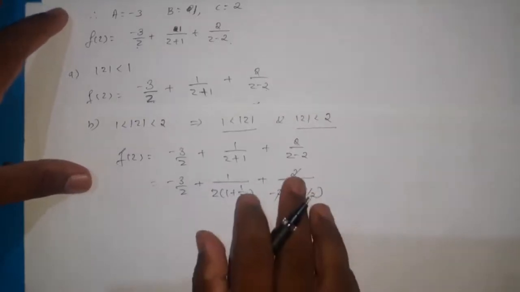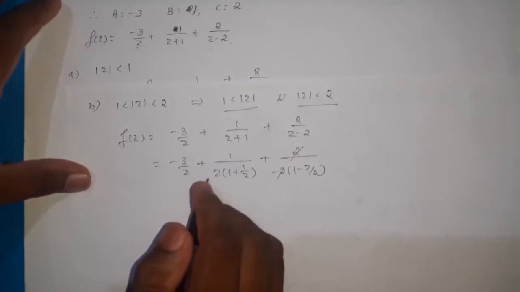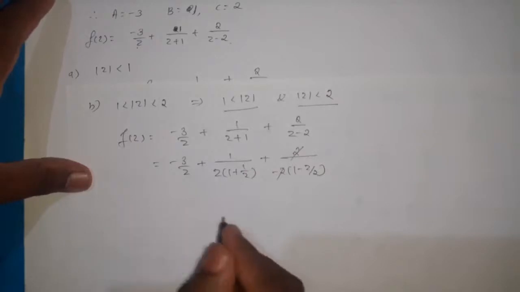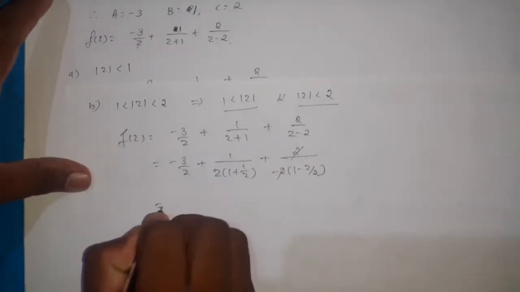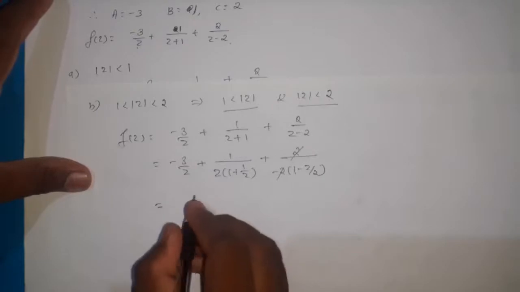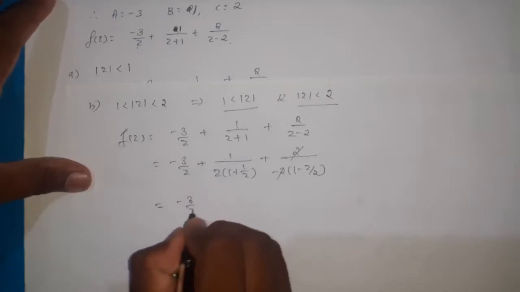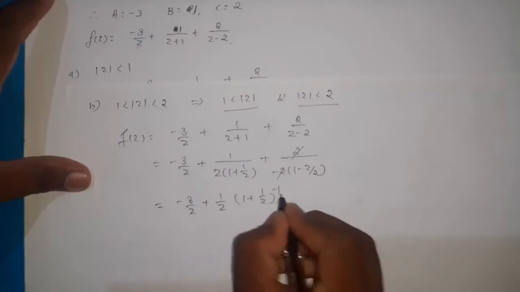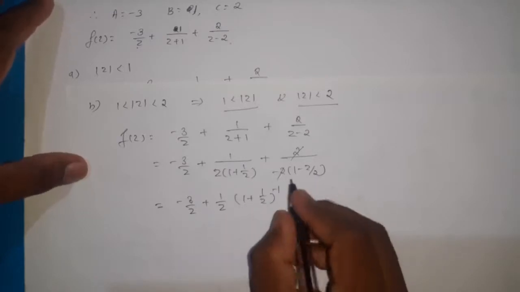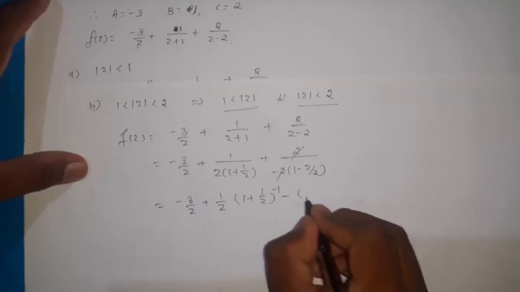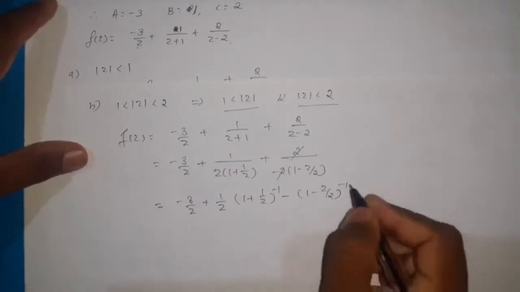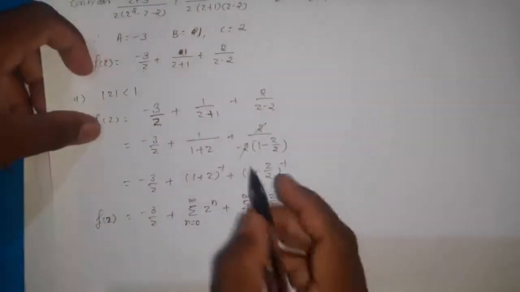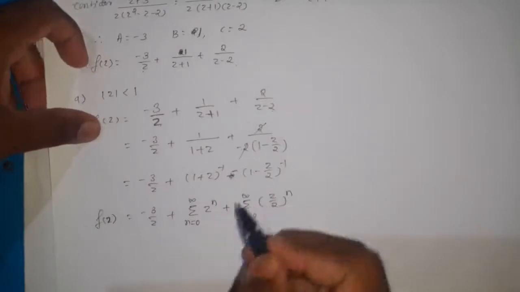So, the 2 gets cancelled. Then this is equal to minus 3 by z plus 1 by z into 1 plus 1 by z whole power minus 1. Sorry, it is here minus 1 minus z by 2 whole power minus 1. So here also this is minus in the first region.